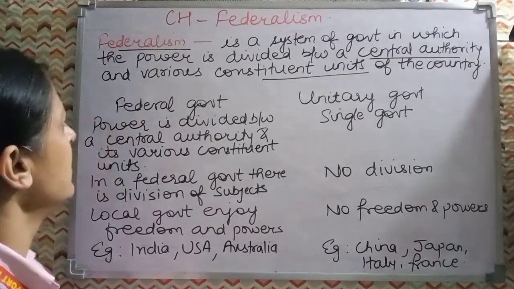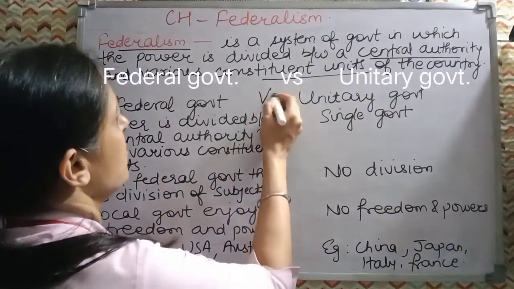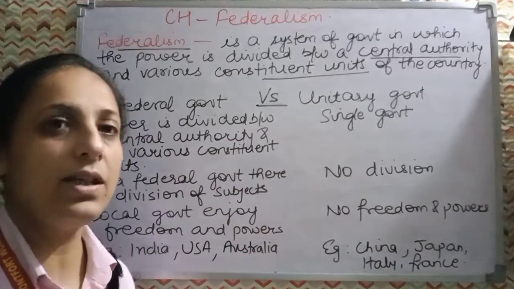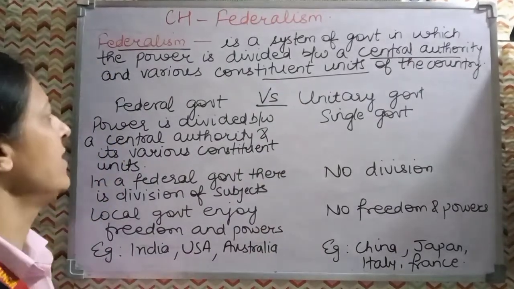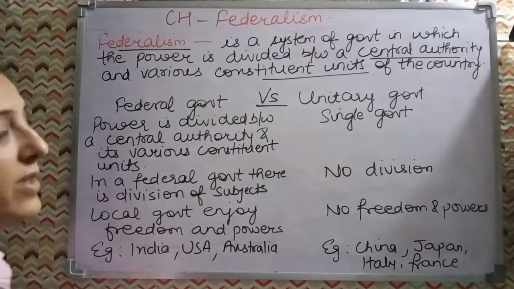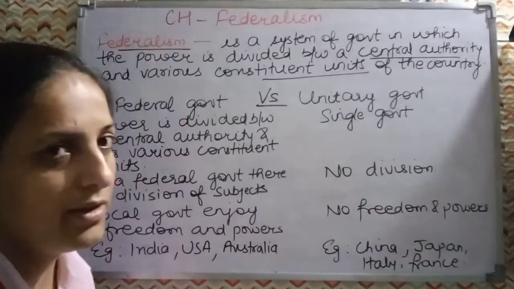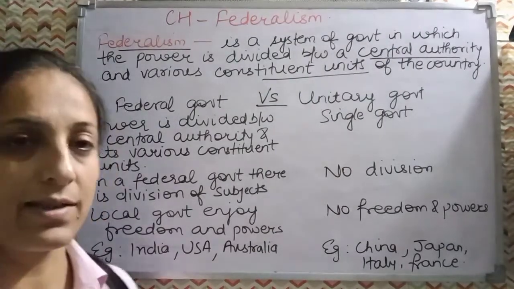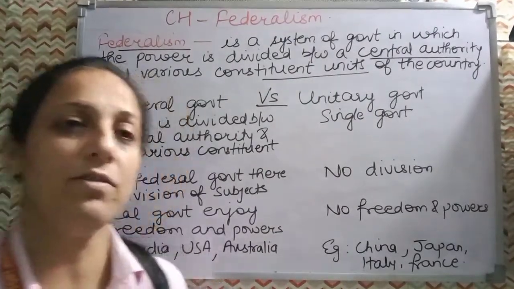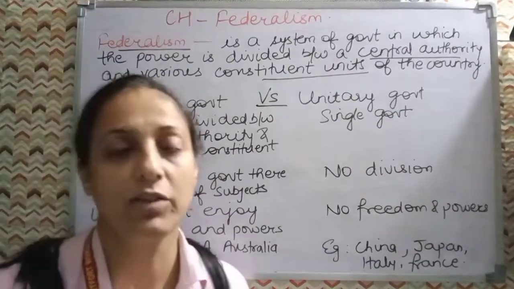Now let's see federal government versus unitary government. Let's see the differentiation between the two systems. In the federal government, the power is divided between the central authority, that is the central government or the union government, and various constituent units, that is the state governments. So in a federation, two levels of government are there.